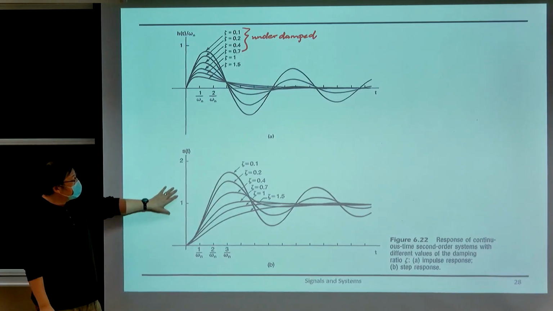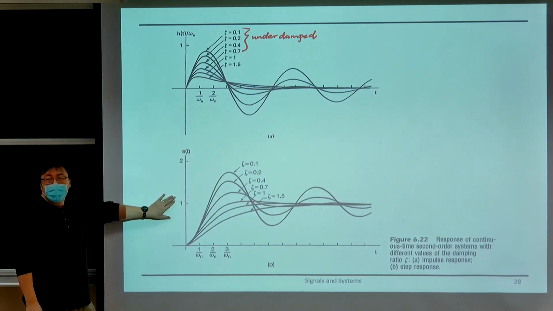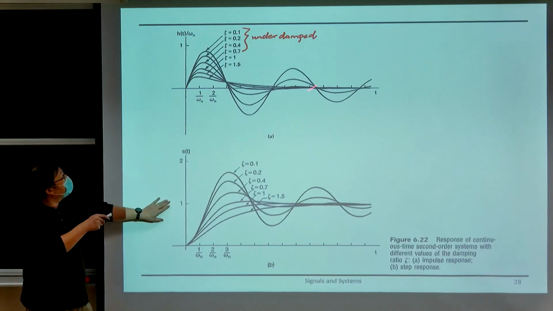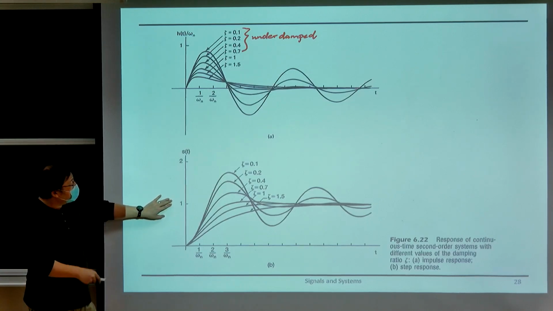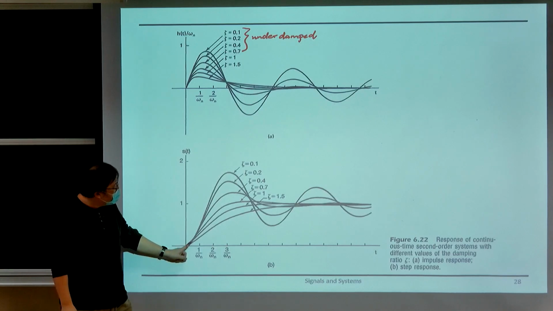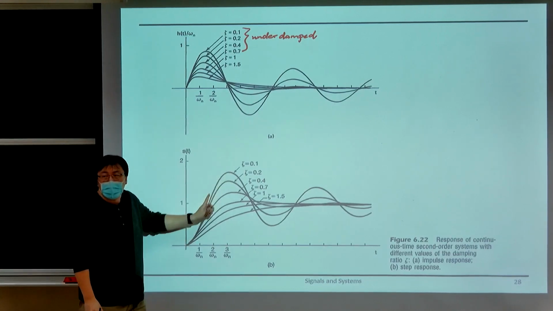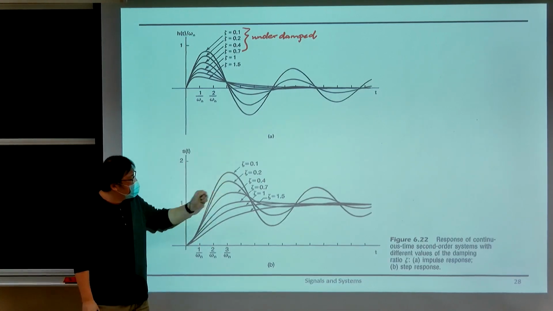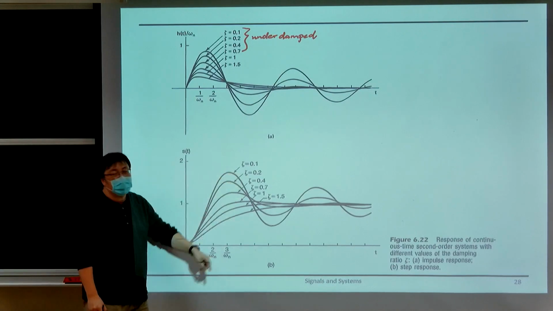Now, in the step response, which is the integral of the impulse response, an underdamped system will give you a step response that overshoots quite significantly, especially when zeta is small.